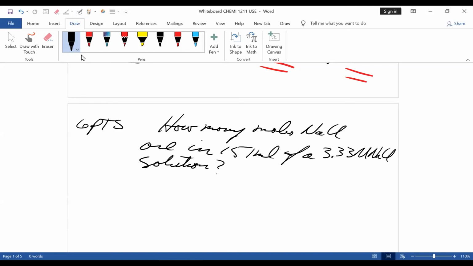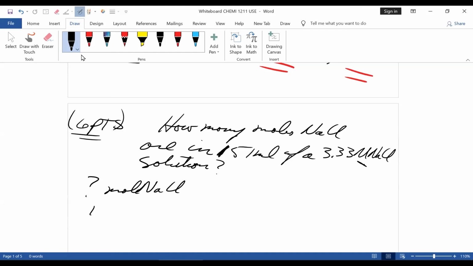And the question is, 6 points, how many moles sodium chloride are in 151 milliliters of a 3.33 capital M NaCl solution? So what are we trying to find? Moles sodium chloride.